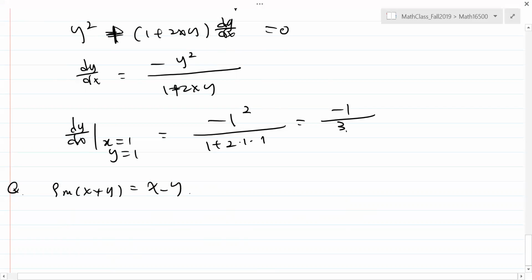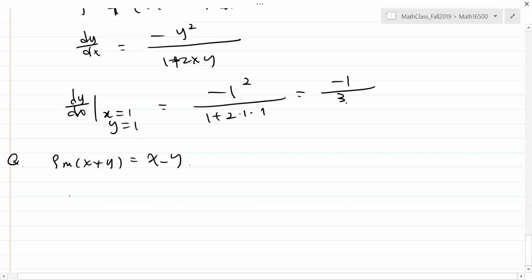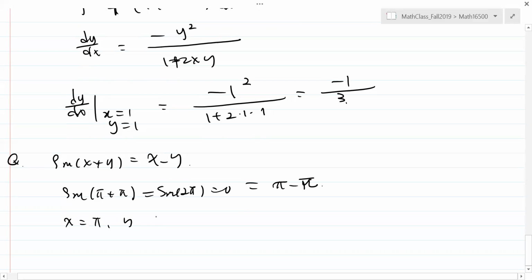Now clearly sine of pi plus pi equals sine 2 pi equals 0, and that's pi minus pi. So x equals pi, y equals pi is a point on the graph.